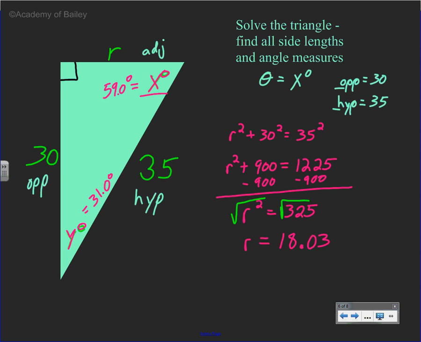And I guess we probably should be using the approximately symbol here since we are rounding. If you rounded, you could use the approximate symbol. Okay, we know all three side lengths, we know all three angles. The triangle is solved.